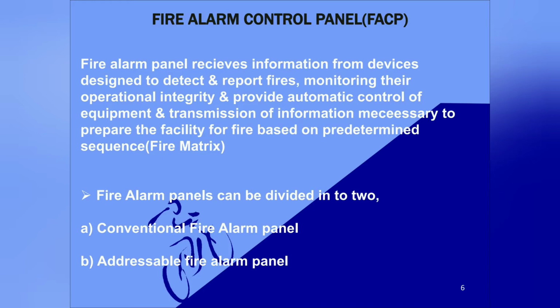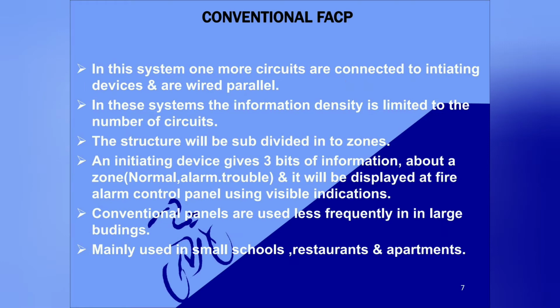Coming to the conventional fire alarm control panel, in these systems each of the initiating devices is connected using separate circuits and wired in parallel. These systems have less information density and are limited by the number of circuits connected to the fire alarm control panel.